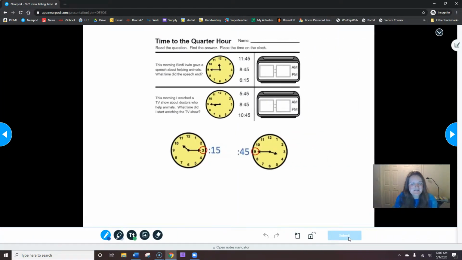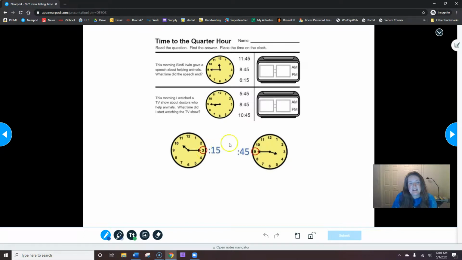Last page. Very exciting. Okay. This is time to the quarter hour. All of these are going to be a 15 at the end or a 45 at the end. And the way that you tell is where the big hand is pointing. When the big hand is pointing at the 3, that means we count by 5s and stop there. 5, 10, 15.